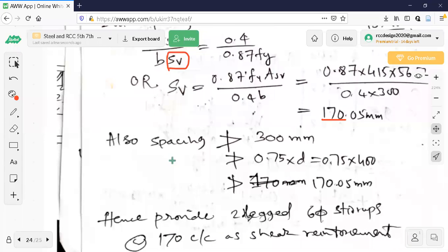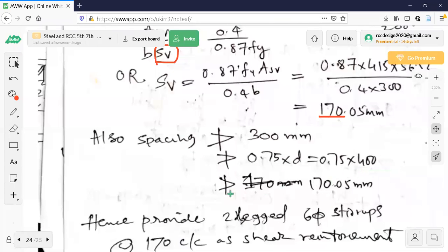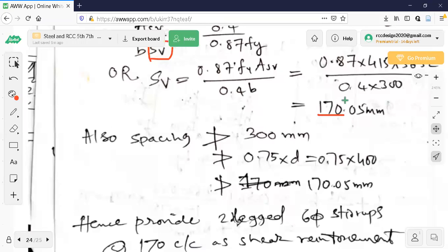But again, the spacing should not be more than 300 mm. Should not be more than 0.75D, which is 0.75 into 400. Or should not be more than whatever value I have calculated just now. Out of these three, the smallest should be chosen. One is should not be more than 300 in any case. It should not be more than 0.75D, 0.75 into 400.